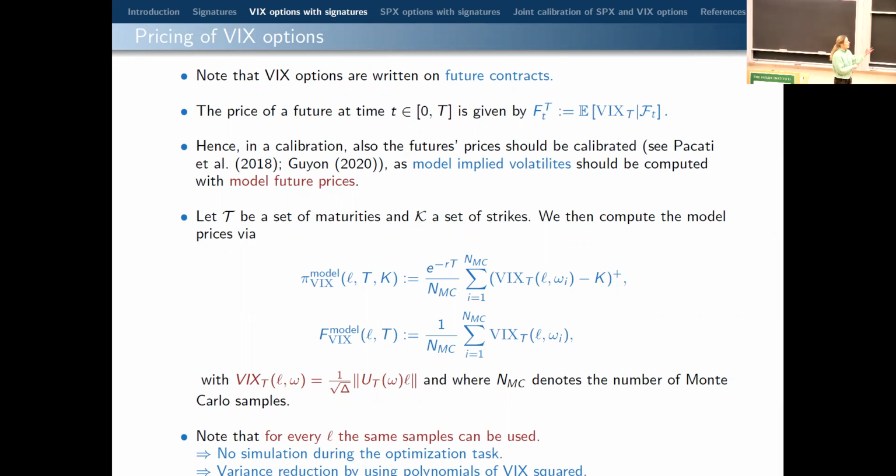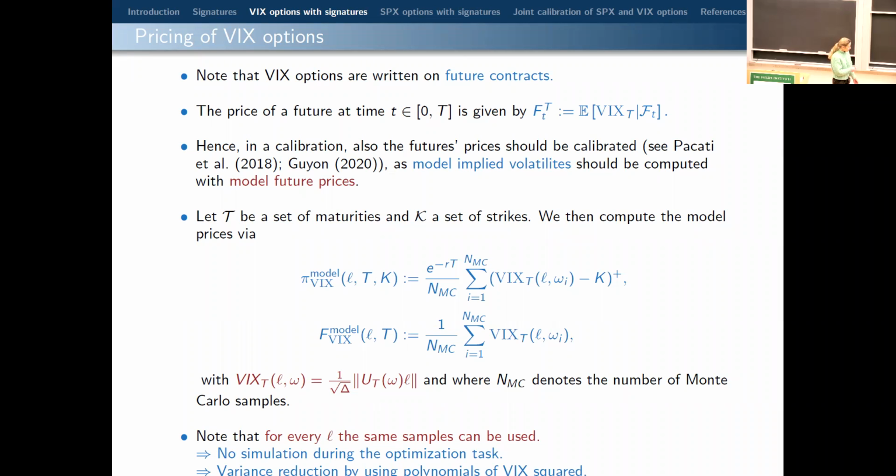We can sample everything related to this Q that you saw before, the U, the Cholesky decomposition, and then the L's appear. This is simply the payoff and then the Monte Carlo price in our model, and this would be the price of the future contract.